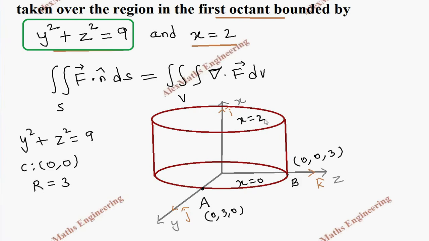But here we are going to consider only the first octant. So the base region is this alone. And in the same way, in the top region also, when it is x is equal to 2, we get something like this. And to exactly draw the first octant, we join this, then we join this. So this is our first octant.